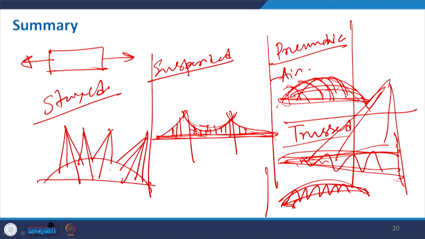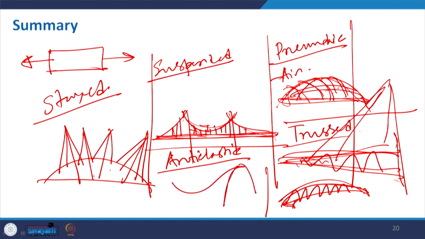Then the other one that we discussed, very important one, is the anticlastic. Anticlastic means, I have given the example of chips. Wherever you have a structure where the plane is basically a plane, if you give curvature to give the form where both have different, opposite directions.